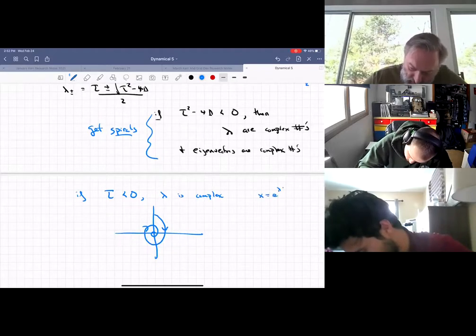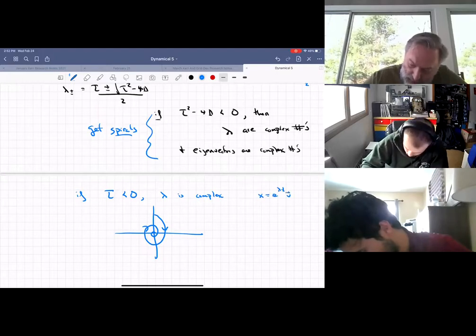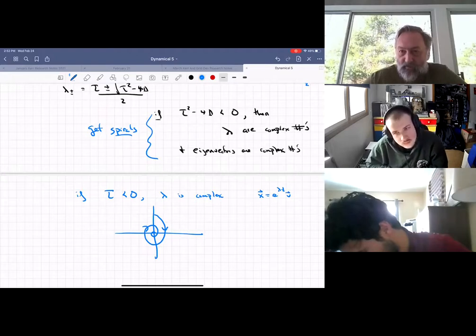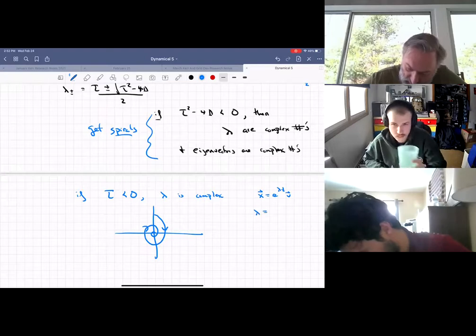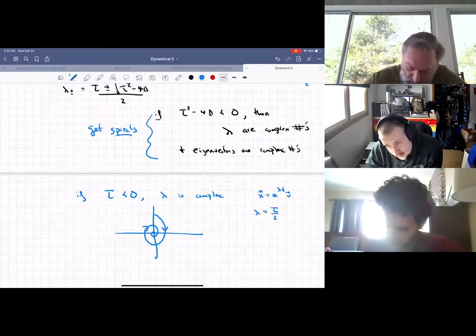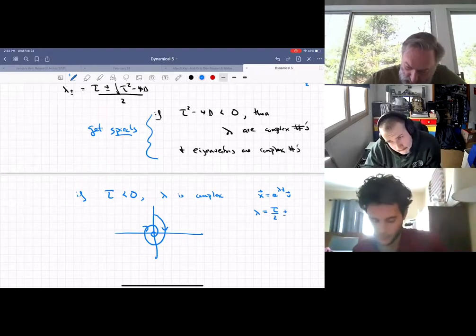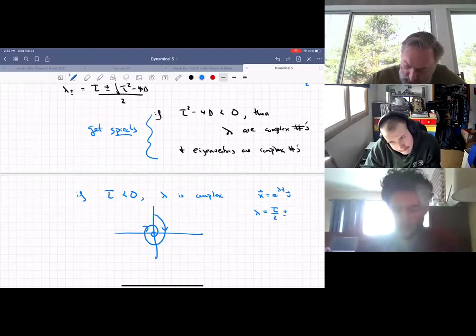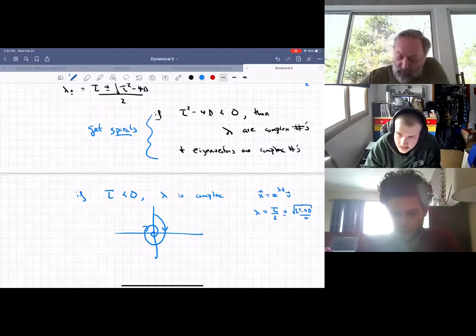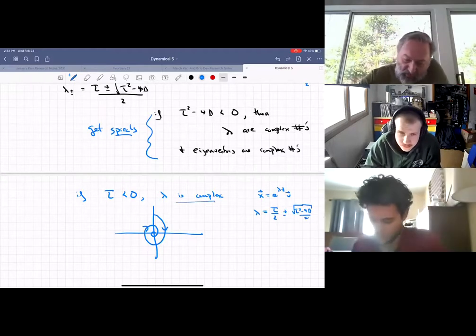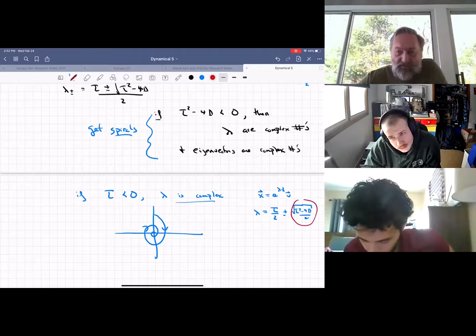The trace value here, if you go back and think about this as x is e to the lambda t times v, and lambda works out to be trace over 2 plus or minus the square root of trace squared minus 4 delta, over 2. So now, if I have a complex lambda, the complex part has come from this square root that's out here.